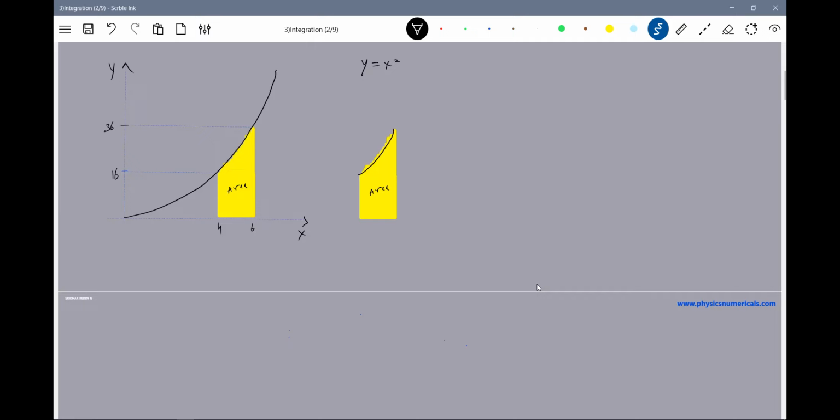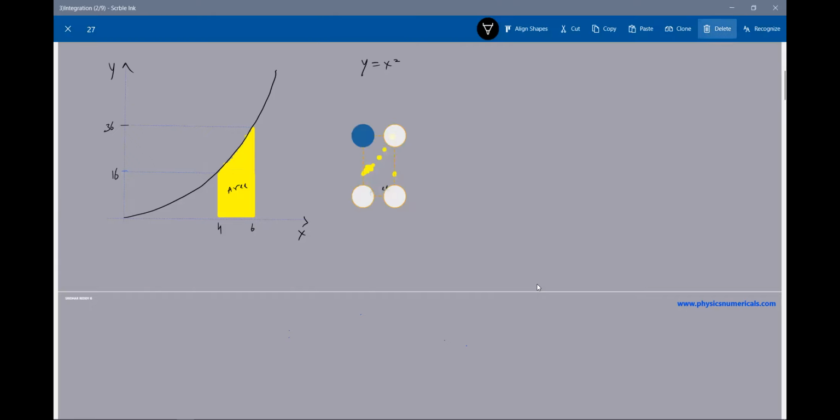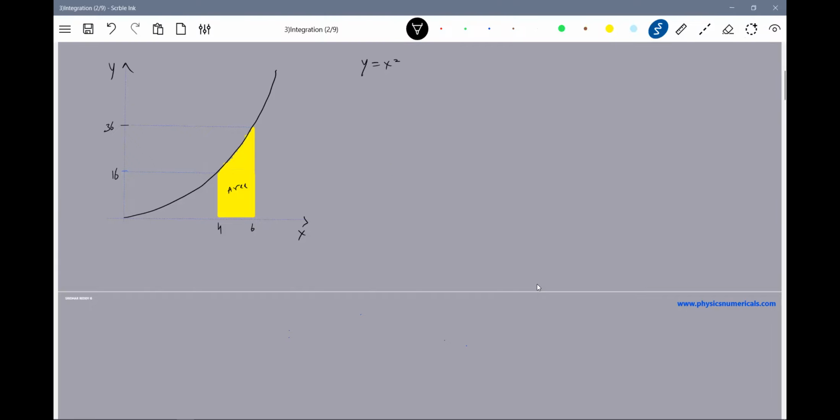It will come like this. I'll draw a better one. Rather than fighting, here the condition is like this. This is the curvature. The area under the strip has to be determined.